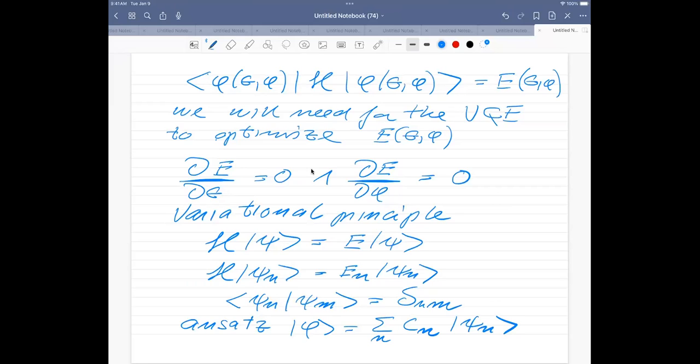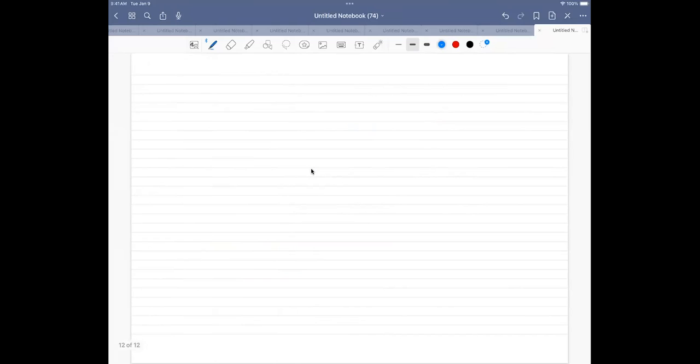But I have to be careful because I also need to take into account a normalization constant. So when I then calculate my expectation value of this specific state, I need also to bake in a normalization constant. This is a discrete sum here.